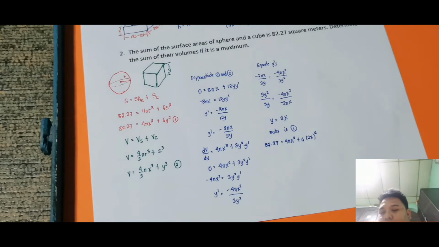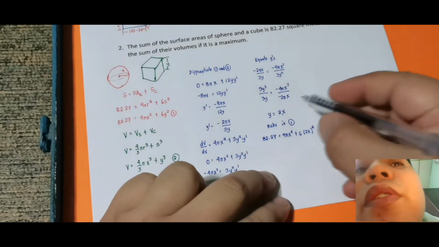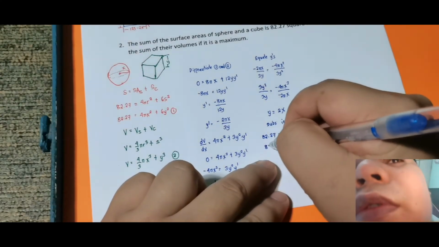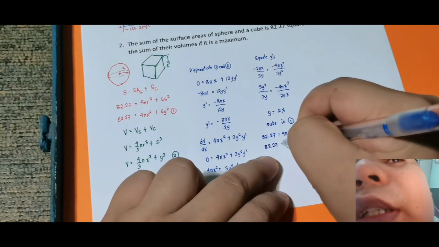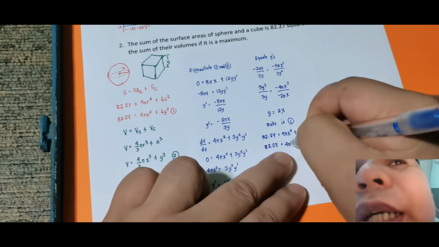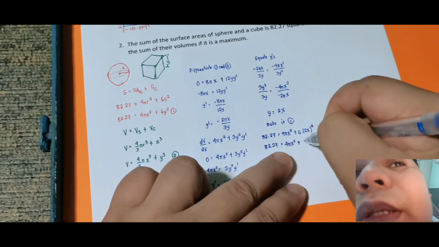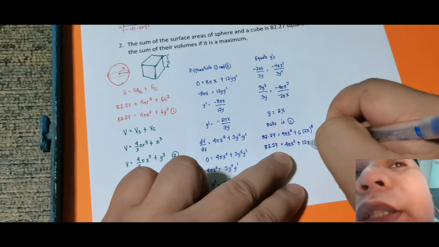Okay, so ayun yung dapat, ayun yung sagot niya. Okay, so check natin ano yung magiging value. So I guess ang goal natin is hanapin yung value ng x squared, no? So this is 82.27 is equal to 4 pi x squared plus 12x squared.